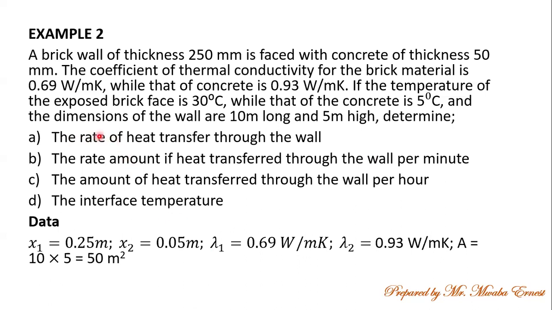So let's pick up the first part. Of course, the temperatures are T1, 30 degrees Celsius, T2, 5 degrees Celsius. This time, I decided not to convert to the Kelvin because I already explained why there's no need for that. So we'll use them as they are. Let's go to the solution.